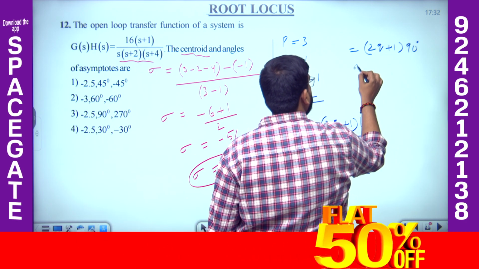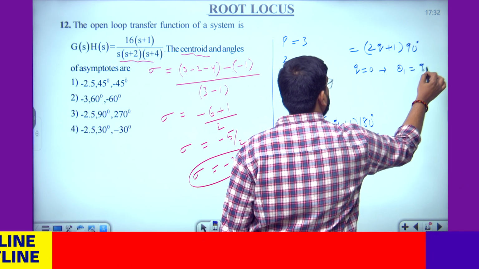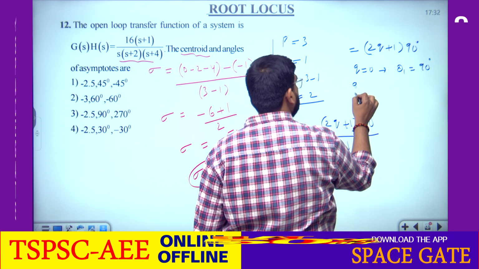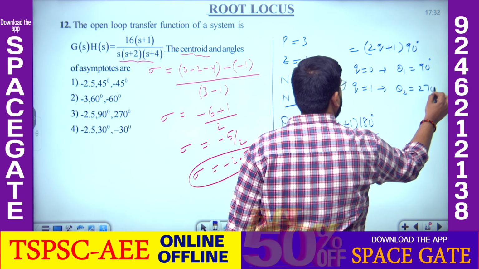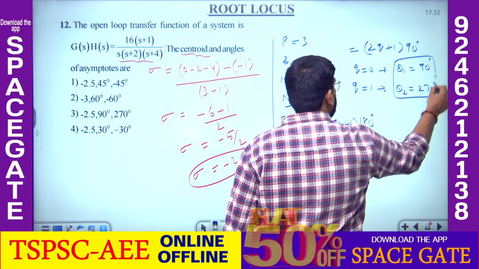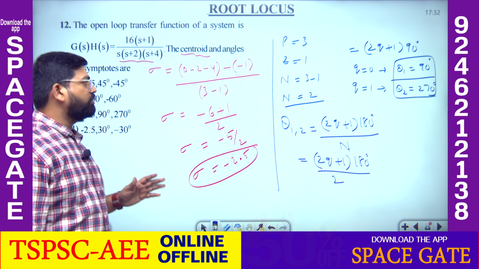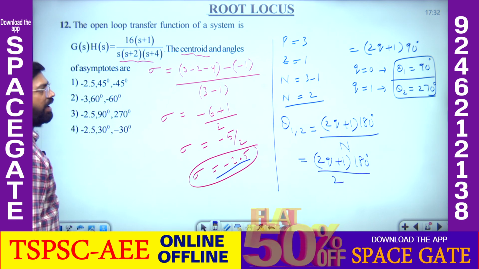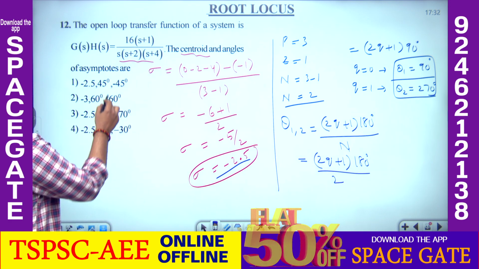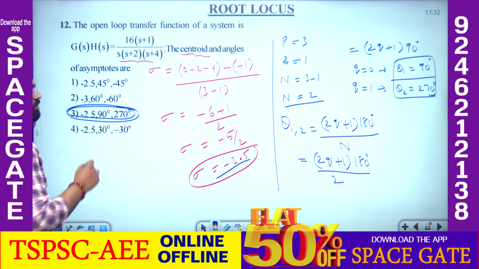For q is equal to 0, theta 1 is equal to 90; q is equal to 1, if you substitute, theta 2 is equal to 270. So, the angles of asymptotes when n is equal to 2 are 90 and 270. So, centroid is minus 2.5 and angle of asymptotes are 90 and 270, means this must be our right option here.